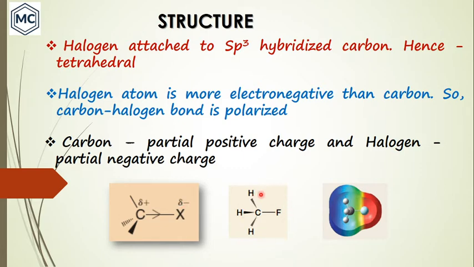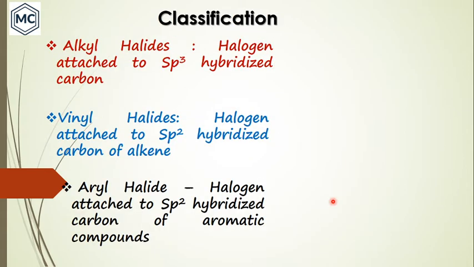For example, methyl fluoride. This is the electrostatic potential diagram of methyl fluoride. The red means this part has high electron density, of course fluorine will have high electron density. The blue means this has less electron density.